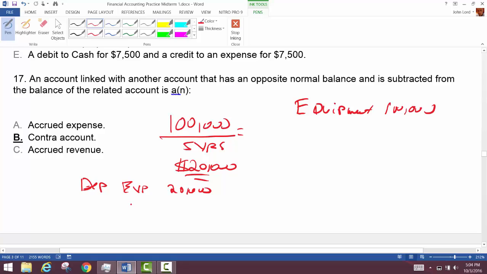No. I'm going to show an accumulated depreciation account that goes against the equipment. So what do you want me to credit? Hint, hint. Credit accumulated depreciation, $20,000, right? That's for year 1.